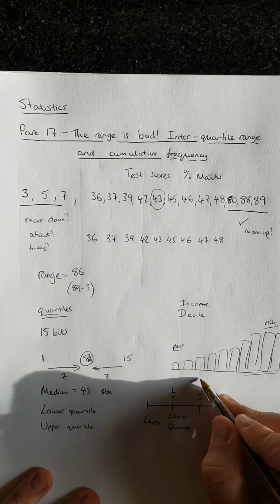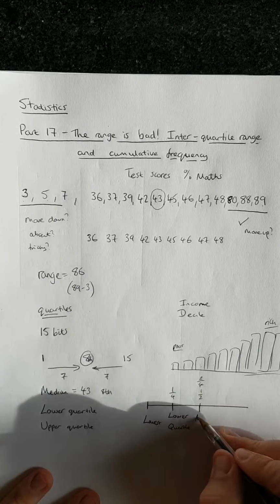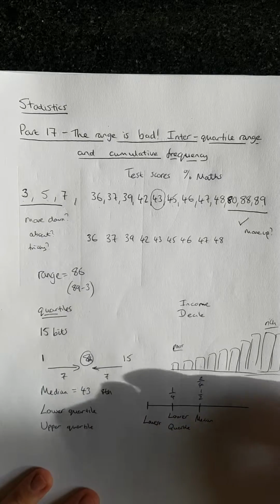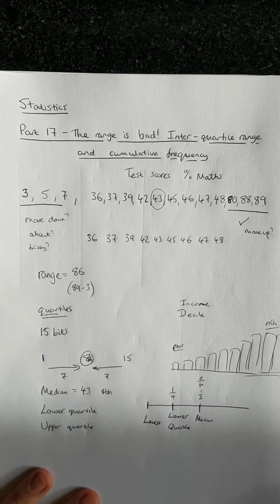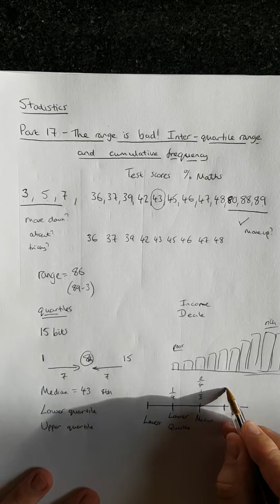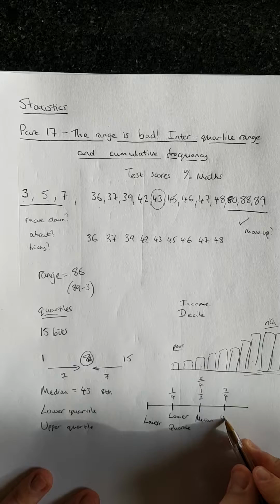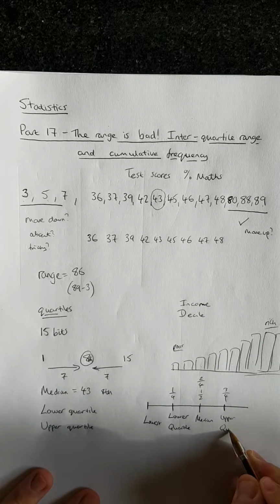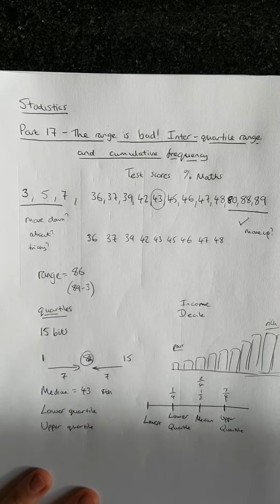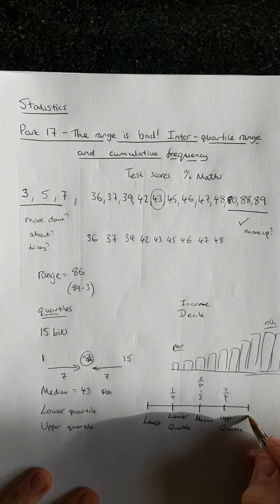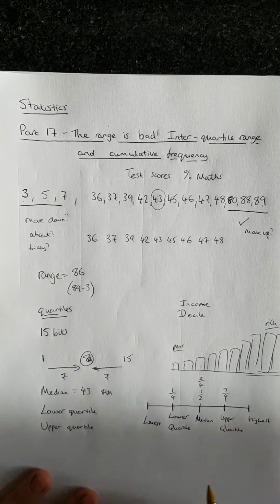Halfway in, or 2 quarters, you'll find the median. 3 quarters of the way in, you'll find what's called the upper quartile. And then you'll find at the end the highest value.